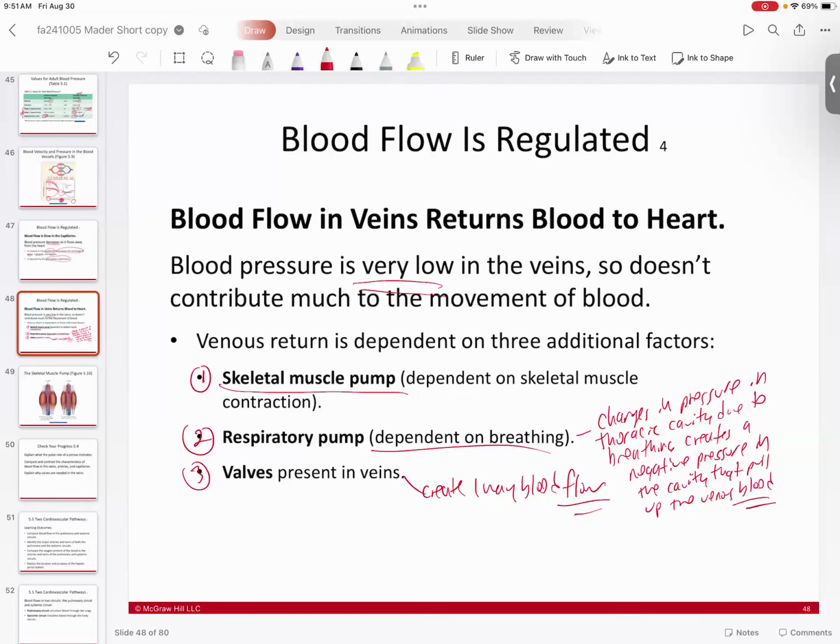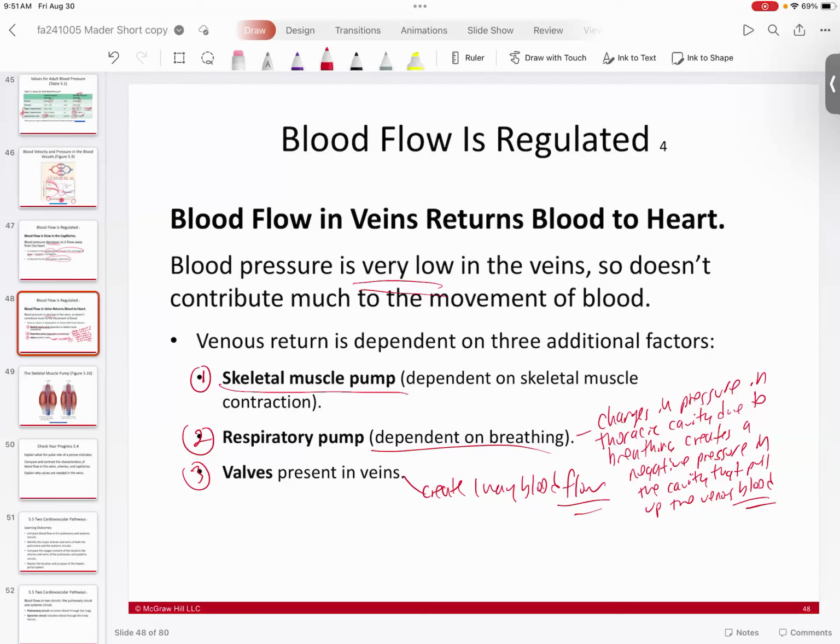Because of the rise and fall of pressures in your thoracic cavity due to your breathing in and breathing out, you create a negative pressure space inside your thoracic cavity that communicates to the pressures inside your veins and effectively pulls that up.